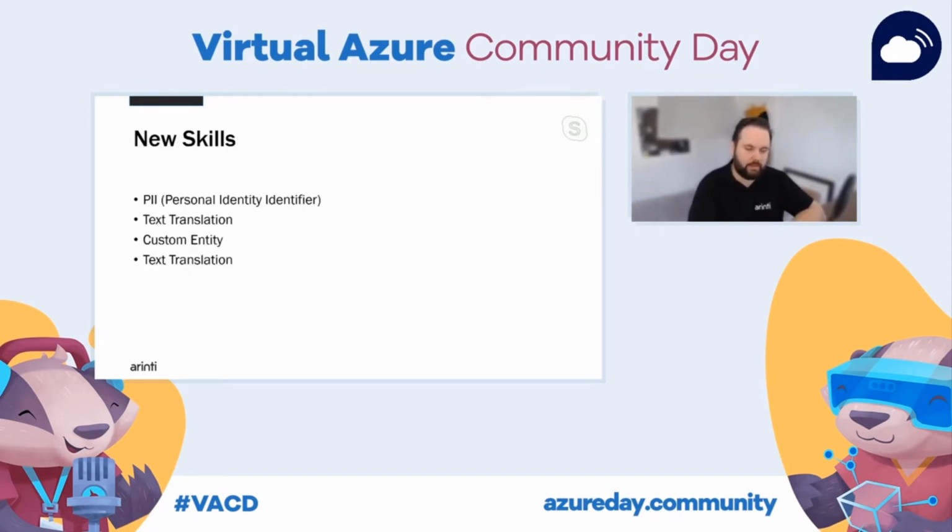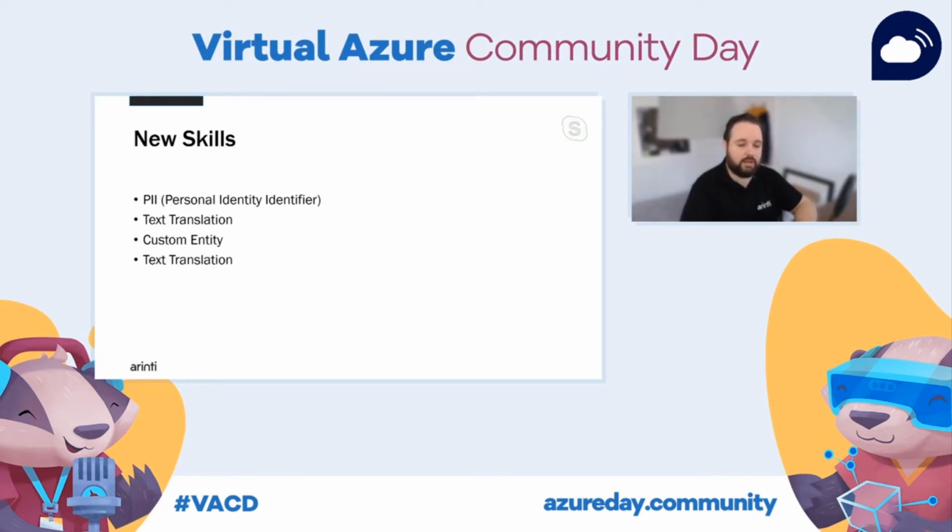Now, if we talk about new skills, well, there's different things also there. Where before it was more general new stuff. On skill level, we have PII, so it's personal identity identifier, which means, for example, when you have names in documents or social security numbers and so on, well, these can be masked, so it also doesn't get into your documents, and you can create your indexes GDPR proof, for example.